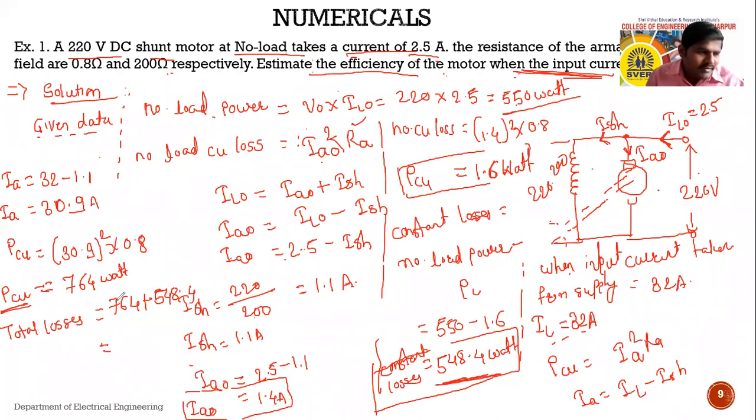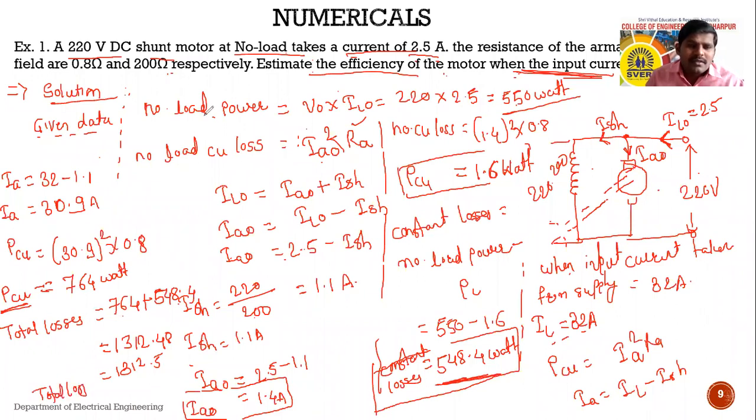So what is the value of total losses? 8 and 4 is 12, so 1312.4. 1312.48. That means we can write 1312.5. So these are the total losses.